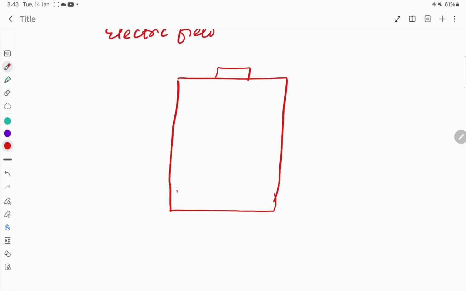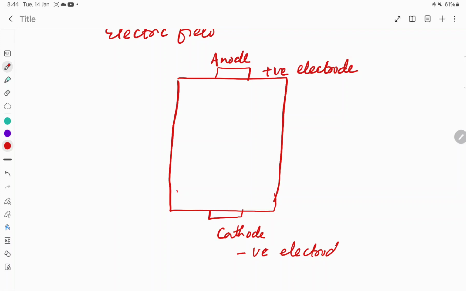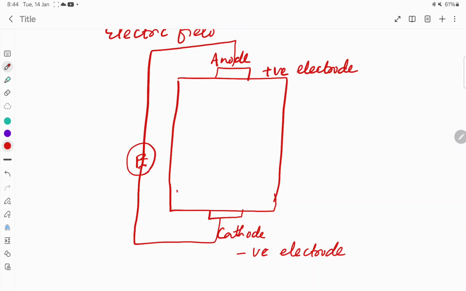Suppose one side is the anode and the other side is the cathode. The anode is the positive electrode and the cathode is the negative electrode, and they are connected through electricity.